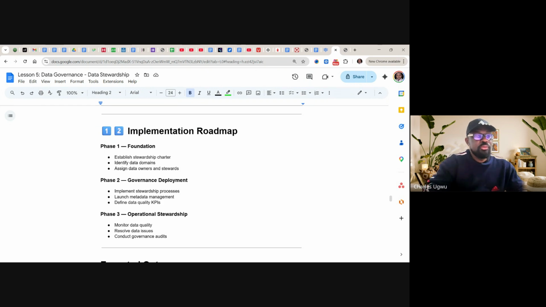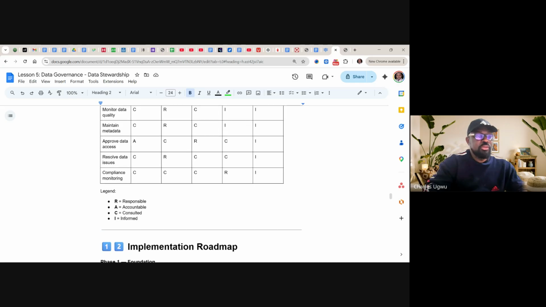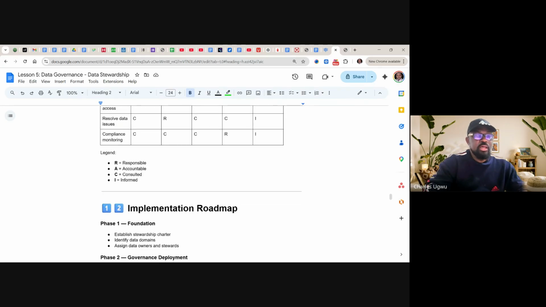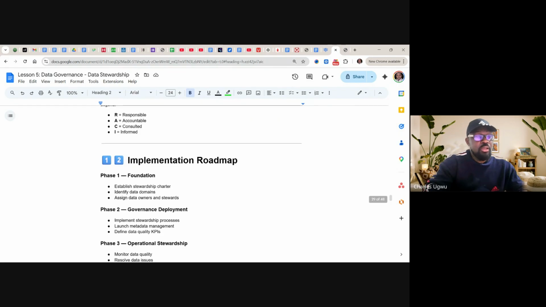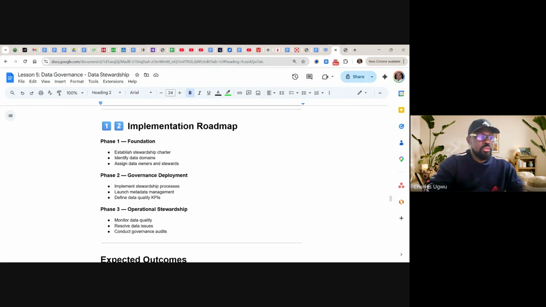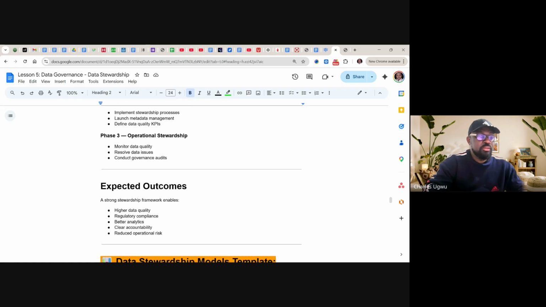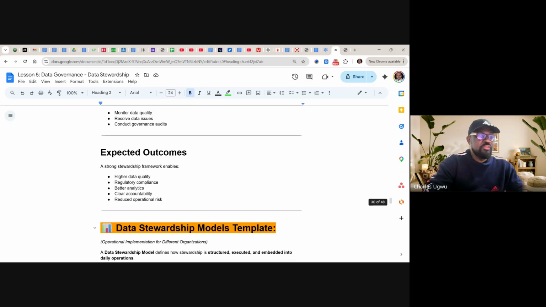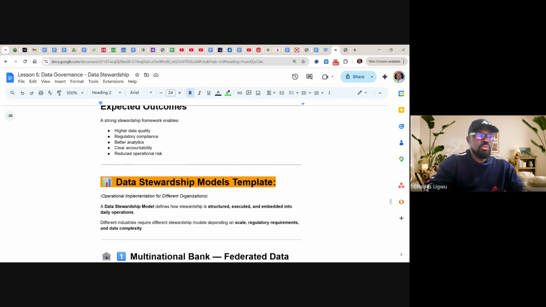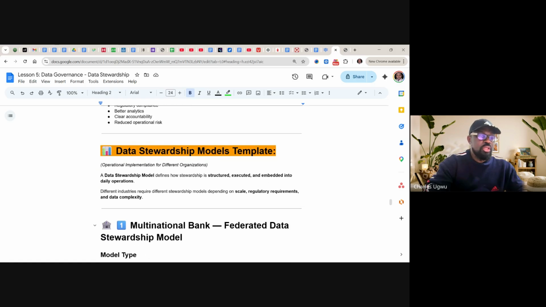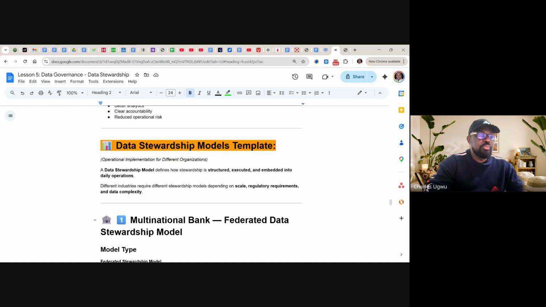So, yeah, you see with this, you've completed your framework. The framework is now executed. With this framework, you can now build your model.